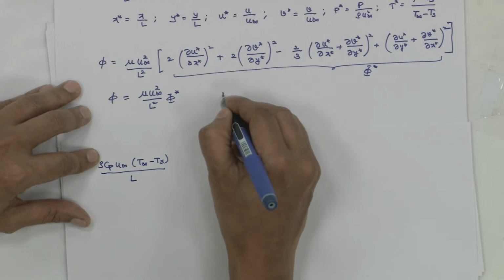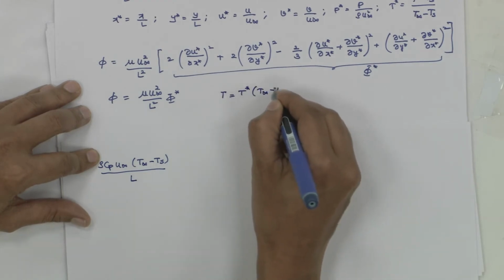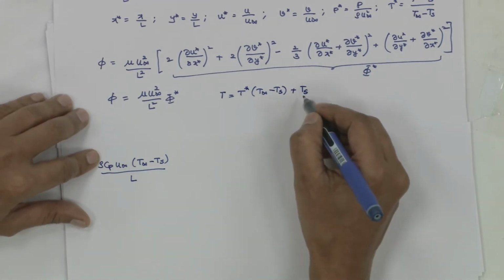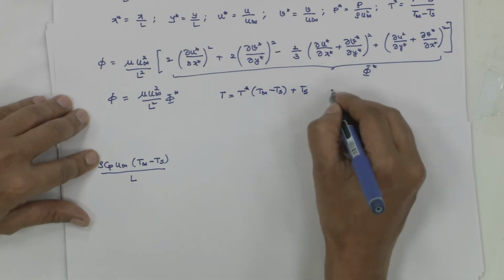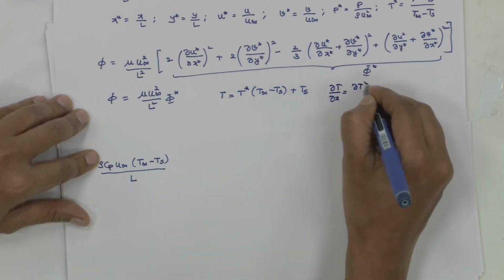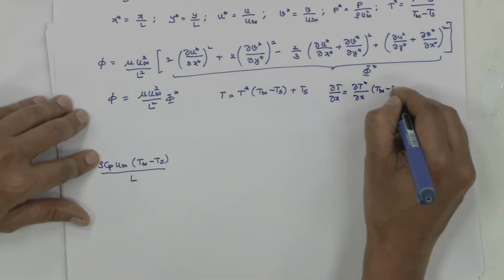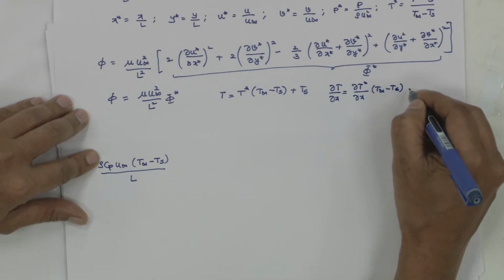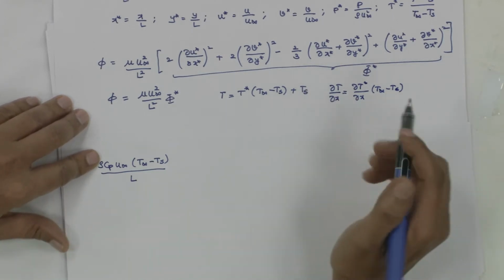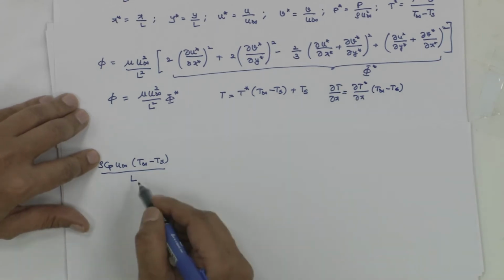If I write T equal to T star into T infinity minus Ts plus Ts, I am considering Ts is constant. So when you differentiate del T by del x, you get del T star by del x into T infinity minus Ts. If you differentiate Ts with respect to x, it is constant, so it is not going to be there, and then x gets replaced with x star by putting L here.